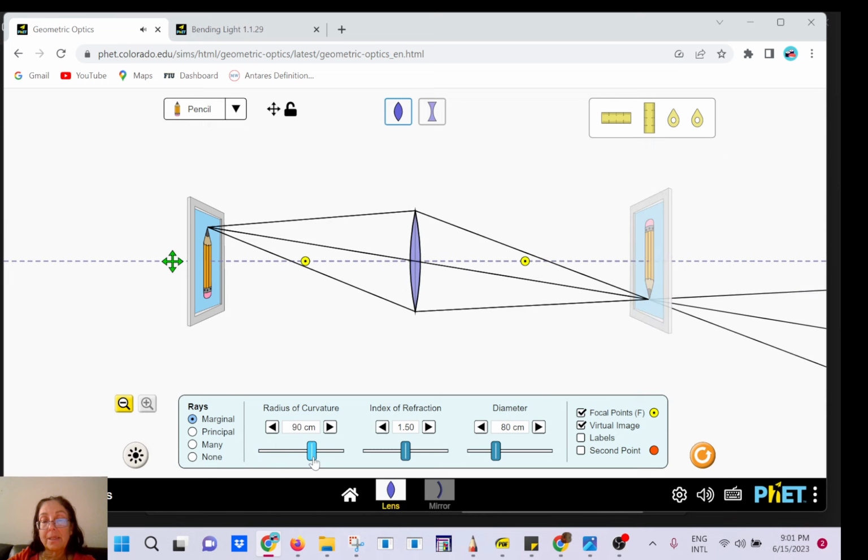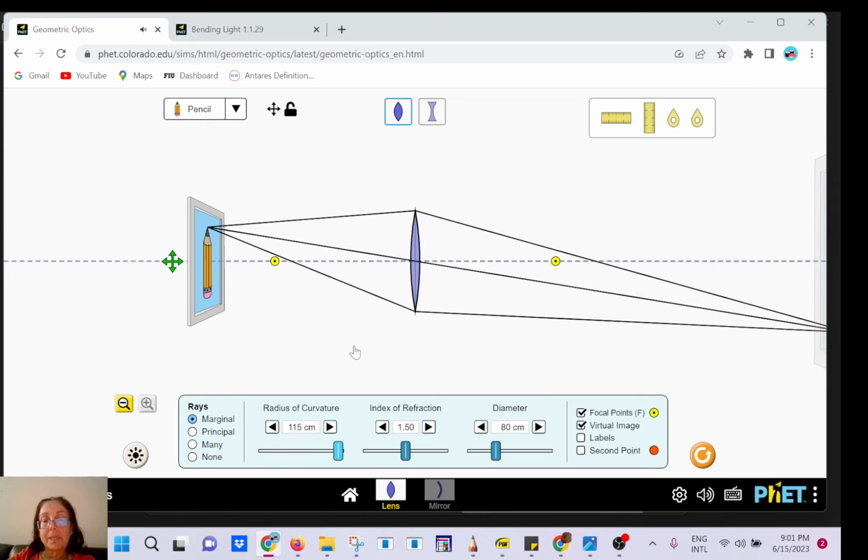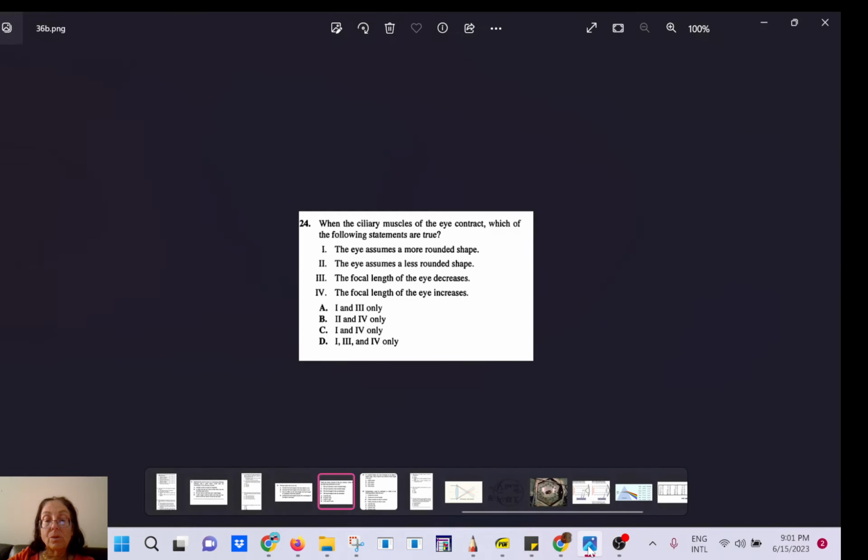And if you make the lens thinner, so the curvature is smaller, the focal distance increases, right? So it doesn't have the same refractive power. So the answer is A. Let me check. Yes, A.